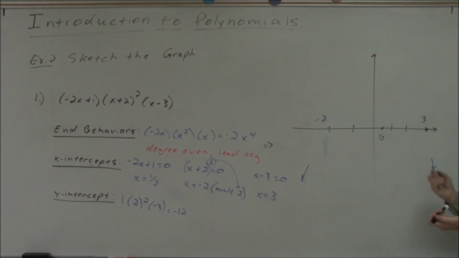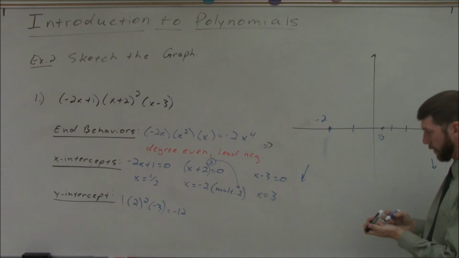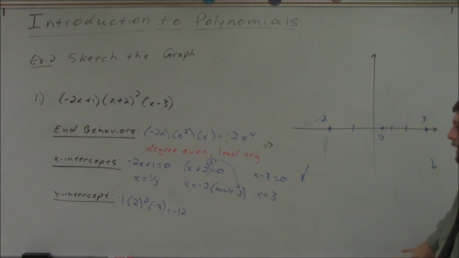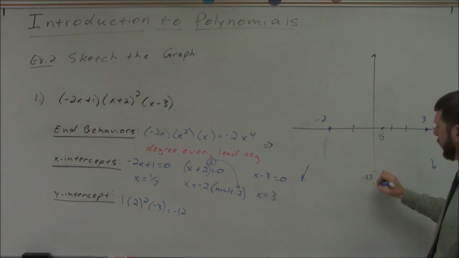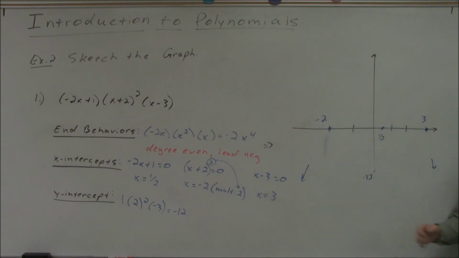So there are my intercepts, and my y-intercept is at negative 12. We'll just say somewhere down here. I don't have to draw all the way to negative 12, we're just getting some important numbers.